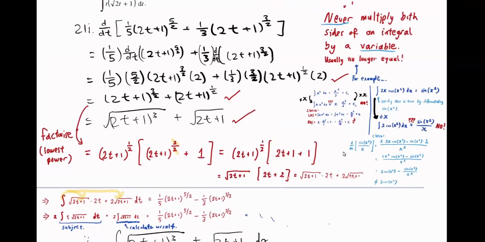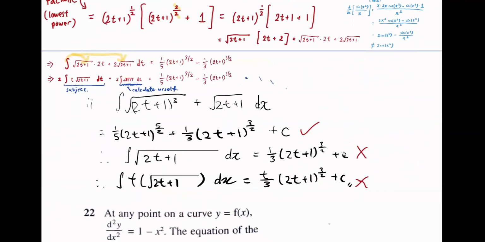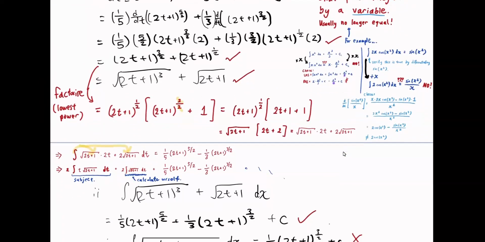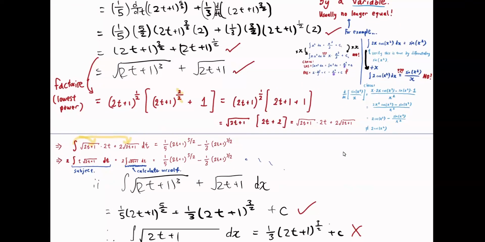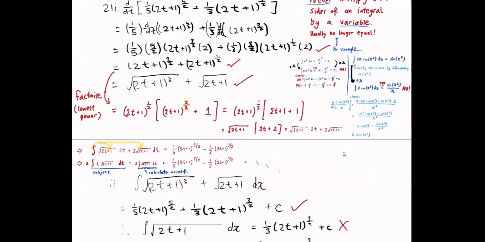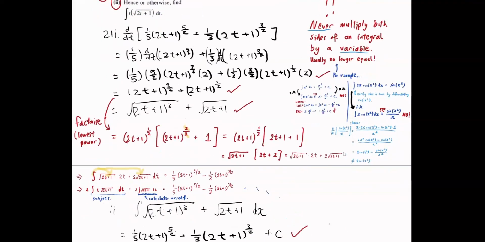Over here, I think what you did was... let me see what you did. I forgot what you did already. Let me take a look. First mistake here: dx is not correct. The function is everything in terms of t, right? And there's an integral dt. So it has to be a t.